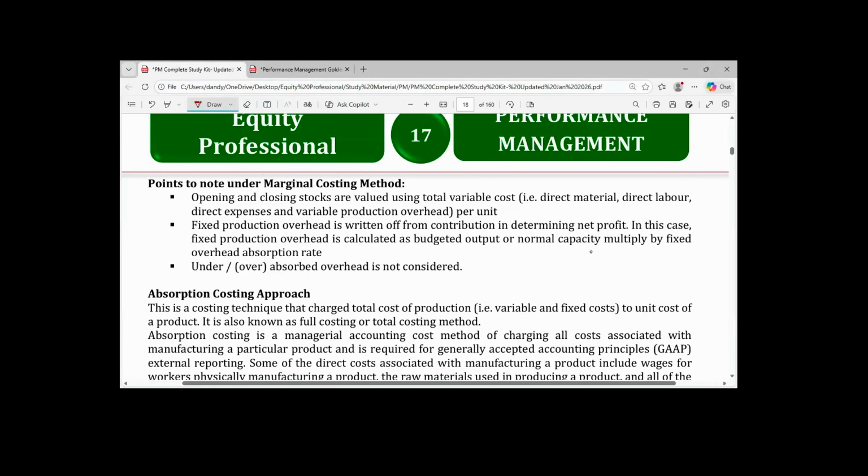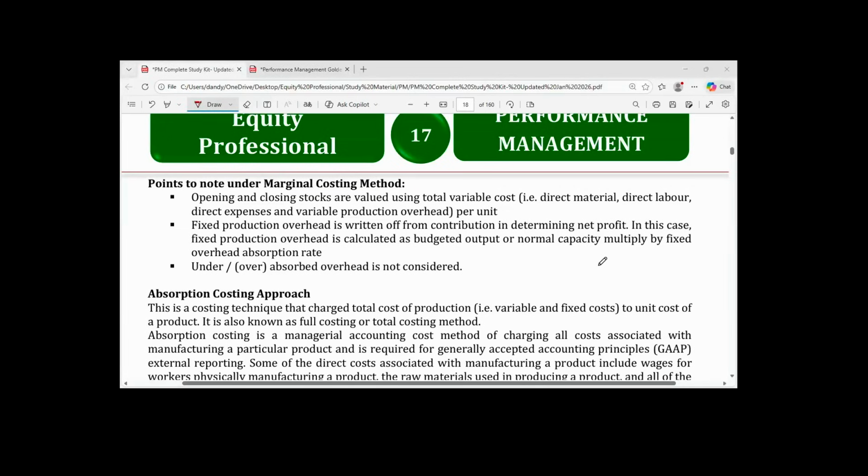Why? Because it is based on the budgeted output. That is, to calculate fixed production overhead under the marginal costing approach, just multiply the budgeted output with the fixed overhead absorption rate. That will give you the fixed production overhead that you are going to use under the marginal costing approach.